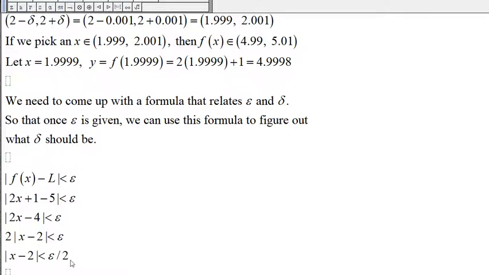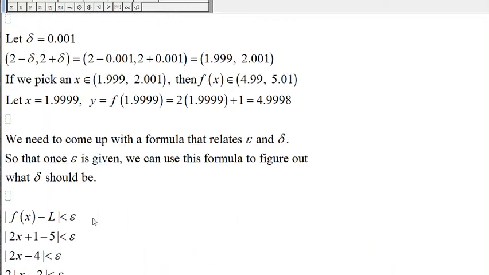Then divide both sides by 2, and we get the absolute value of x minus 2 is less than epsilon over 2. And so this statement, the absolute value of f of x minus L less than epsilon, is equivalent to the absolute value of x minus 2 less than epsilon over 2.